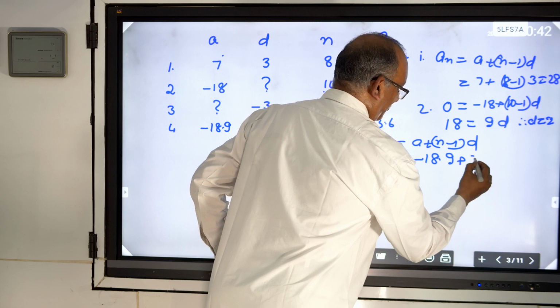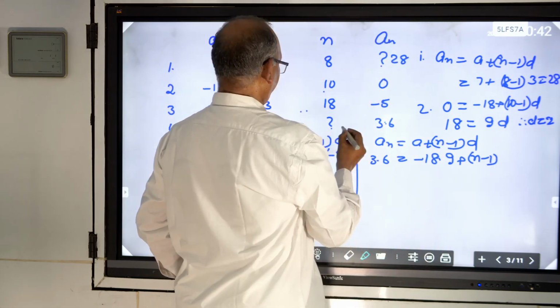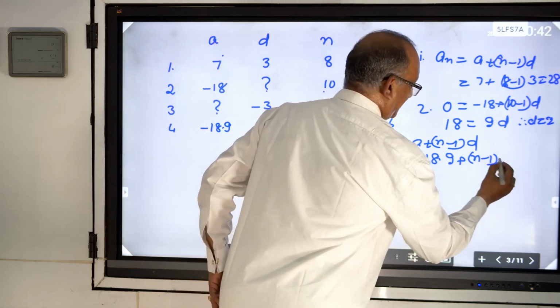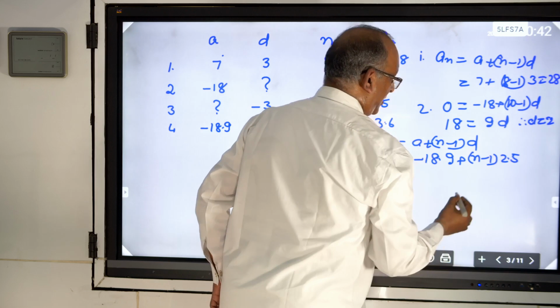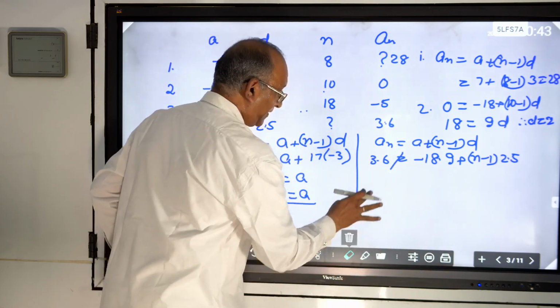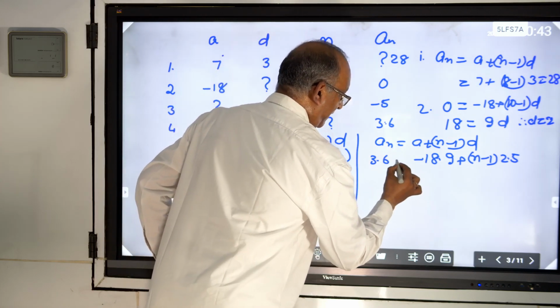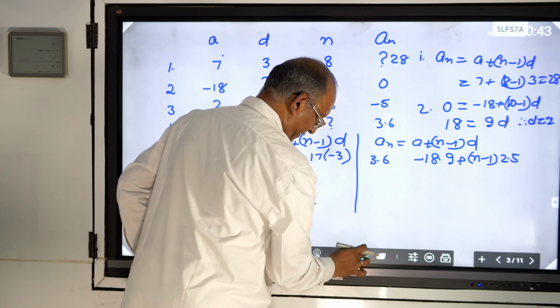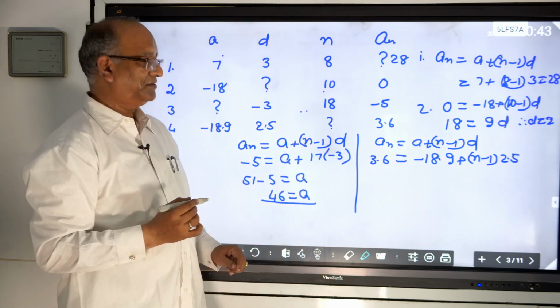So we do not know what is n. D is 2.5. How do you solve this equation?